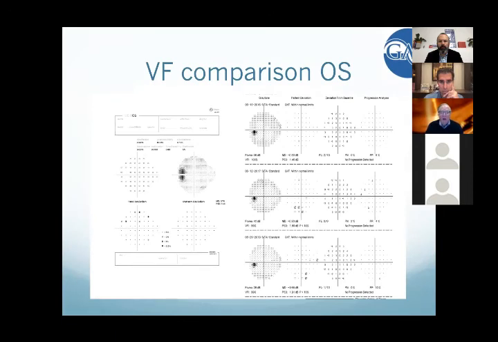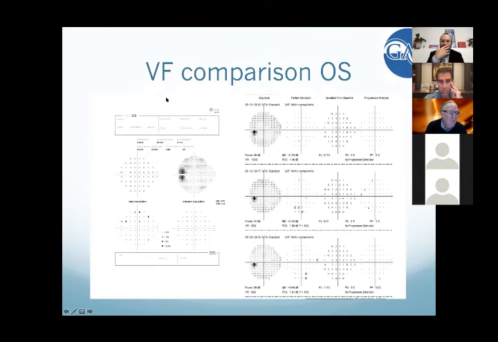Now here's the left eye. The left eye, interestingly, is pretty normal. That's a normal Humphrey field, and for the left eye, reproducible. On the virtual platform, again, the false positive is a little high, but the fixation loss is good, and it mapped out the blind spot well.